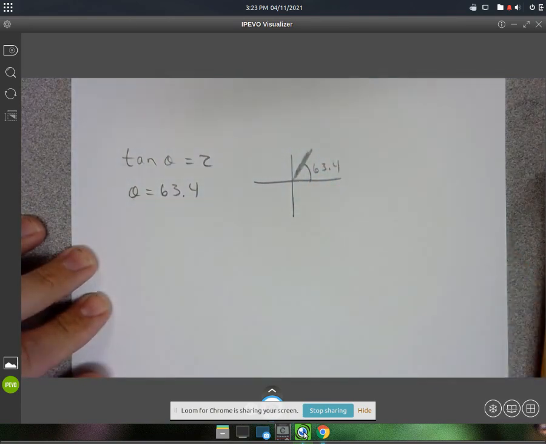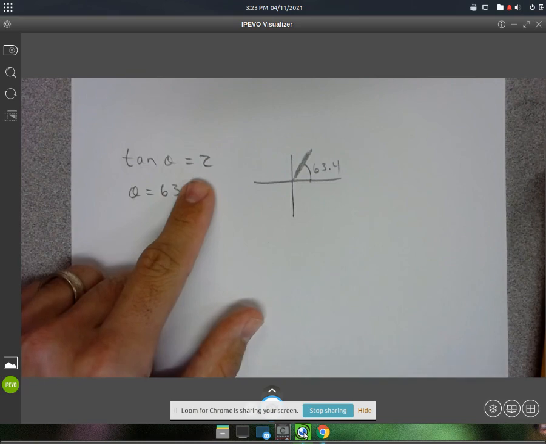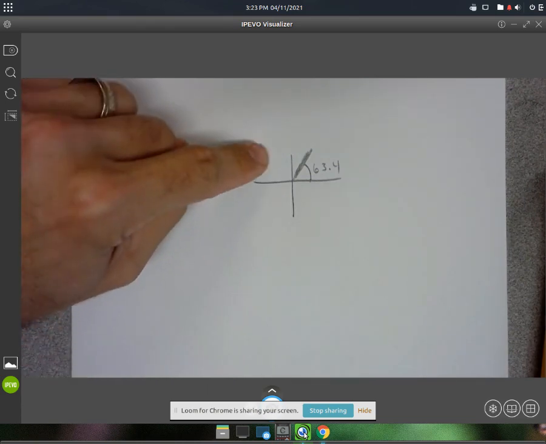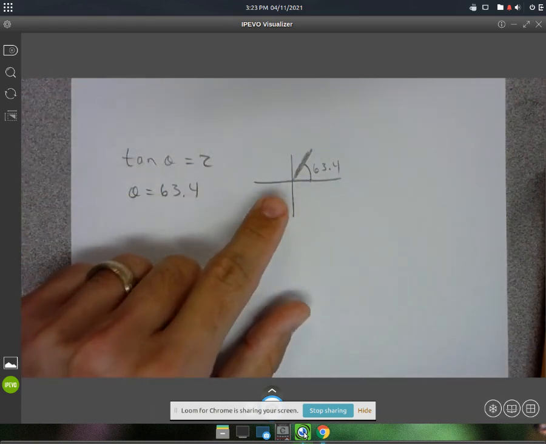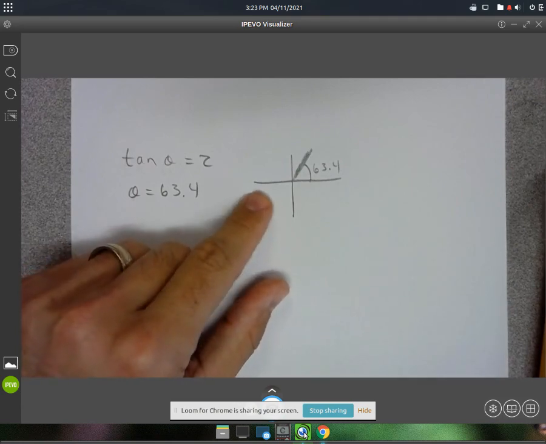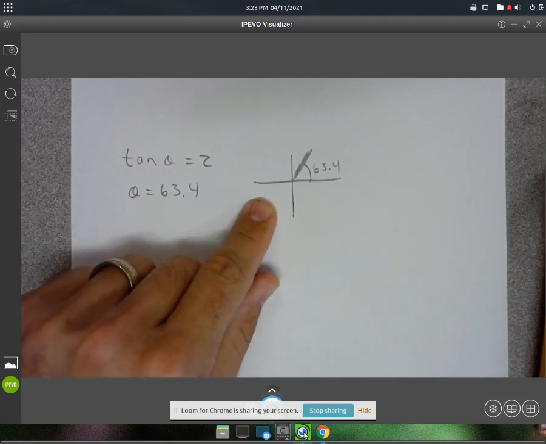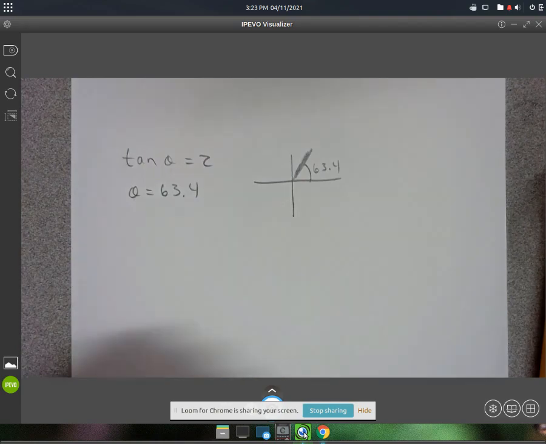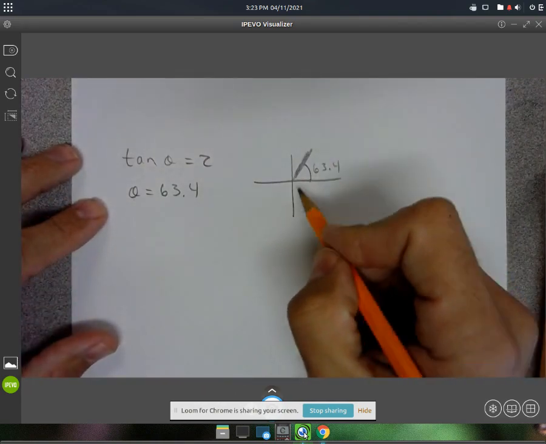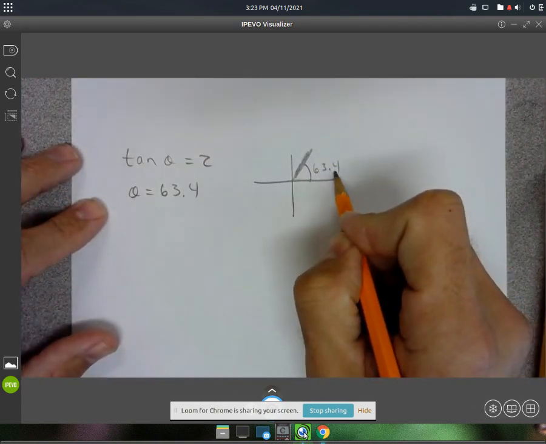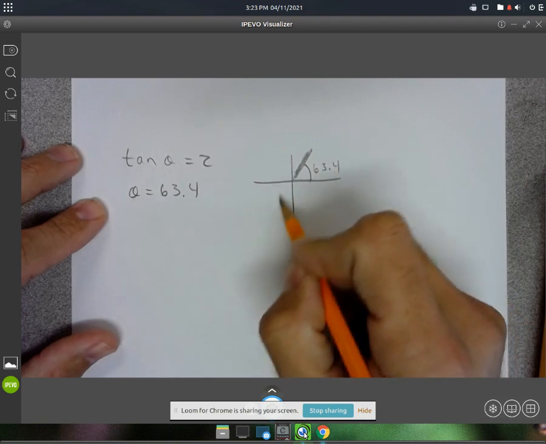Tangent is also equal to +2, not in the second or the fourth, but in the third quadrant, because sine and cosine are both negative here, that's why tangent is going to be positive. Okay, so I'm just wanting that 63.4 degree angle down here in the third quadrant.